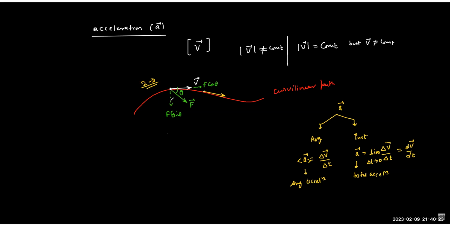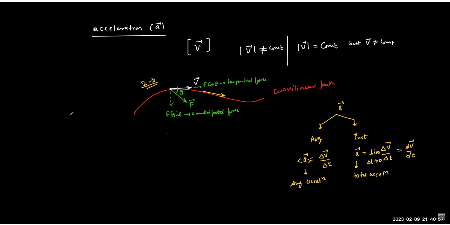The word centripetal means it is acting towards some center, and for curvilinear motion every point will have its own radius of curvature and its own center of curvature, right? So we have something called curvature. The component F sin theta, we say, is the centripetal force, and this is called the tangential force.